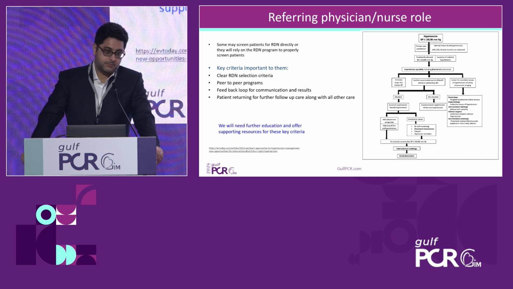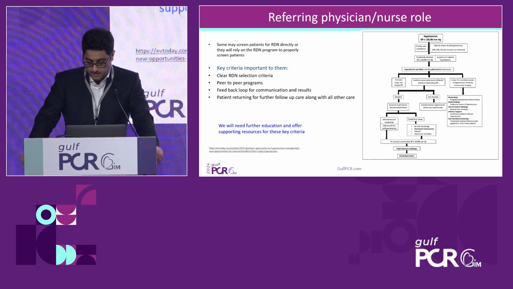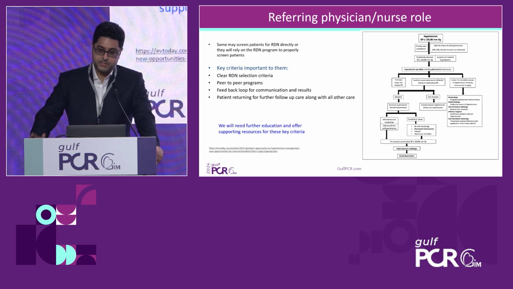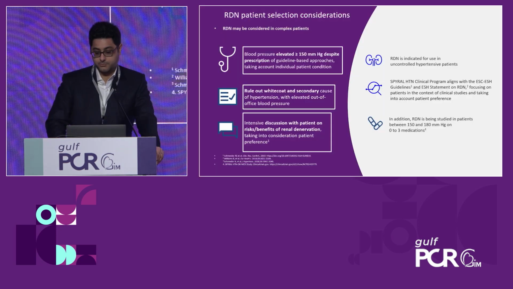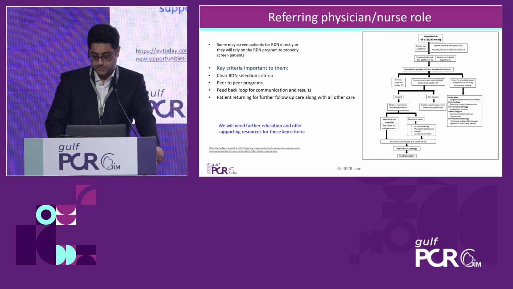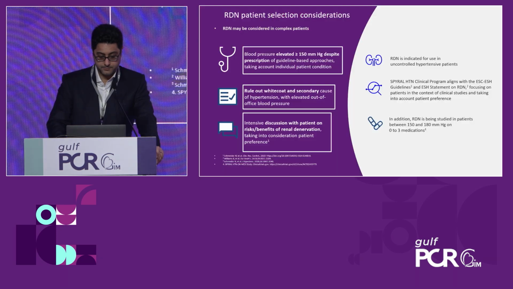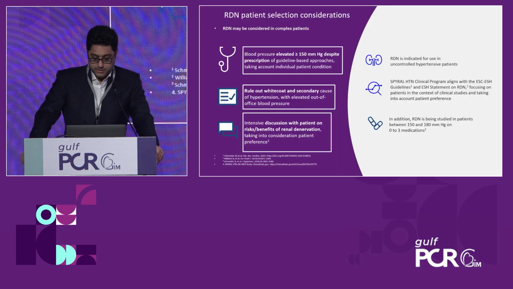The other thing is maybe to add aldactone, because that's also very effective in lowering blood pressure. Once you've done all of this and the patient still has resistant hypertension, then you can consider referring him to your procedural person, the interventional person, to do renal denervation. So these are the considerations.